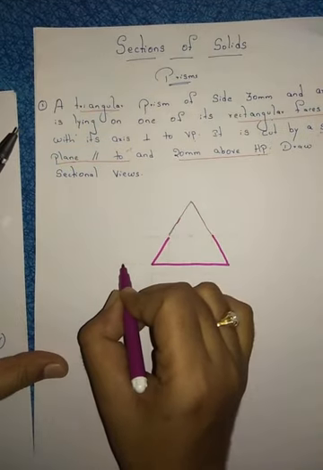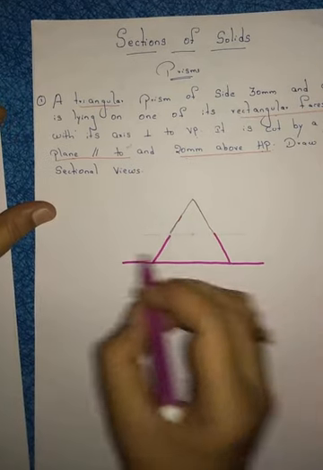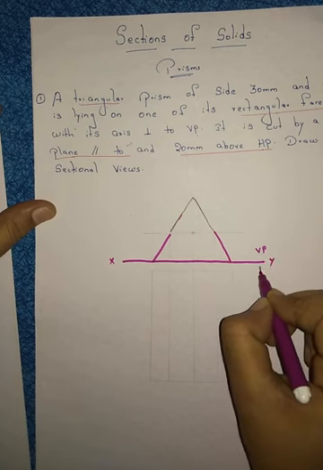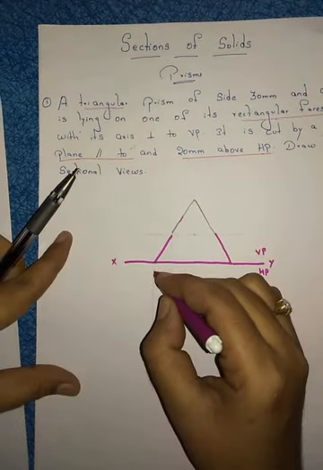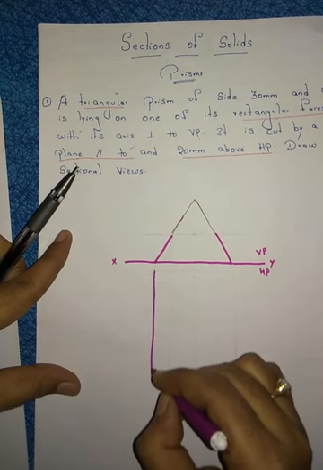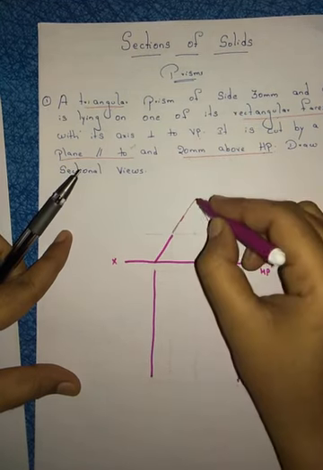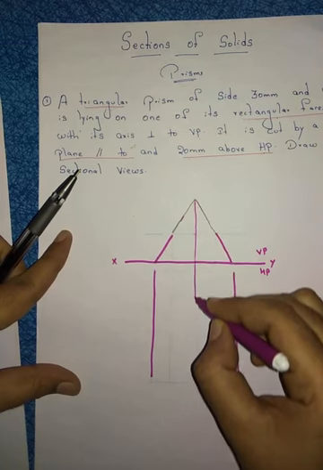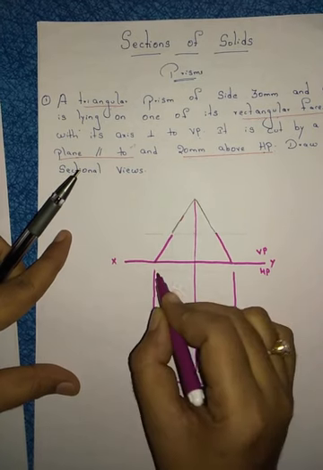I am constructing the triangle, right? Then next I am drawing the reference line, name it as XY, vertical plane, horizontal plane. I am leaving a 5 mm gap, right? From this corner I am drawing the height 60 mm, from this corner, from this corner, I am drawing the height 60 mm. So I am constructing the prism first.